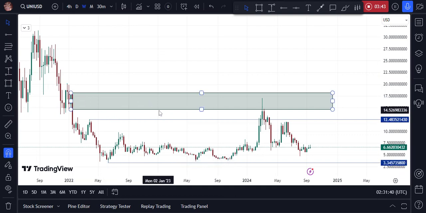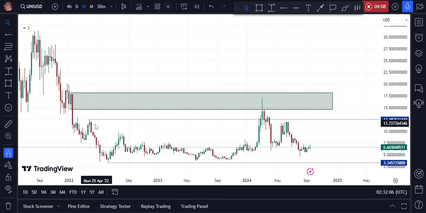So you can see this area of liquidity has actually been filled. Now that is not our point of interest. Our point of interest is actually this market structure. Price came down, then here, price gave a lower high, and then a lower low here.